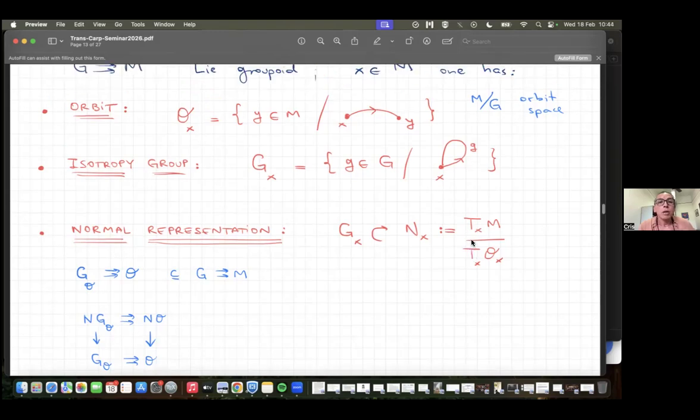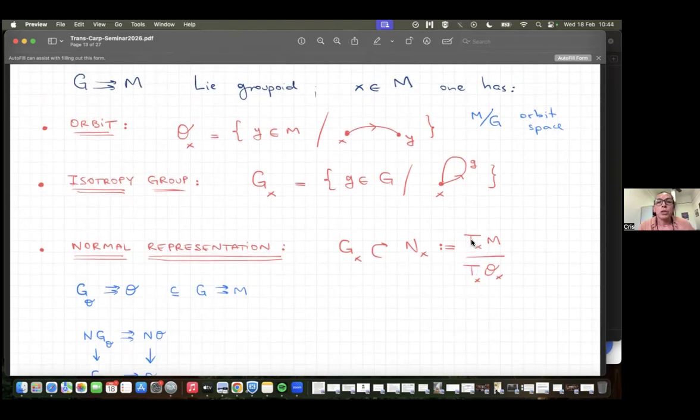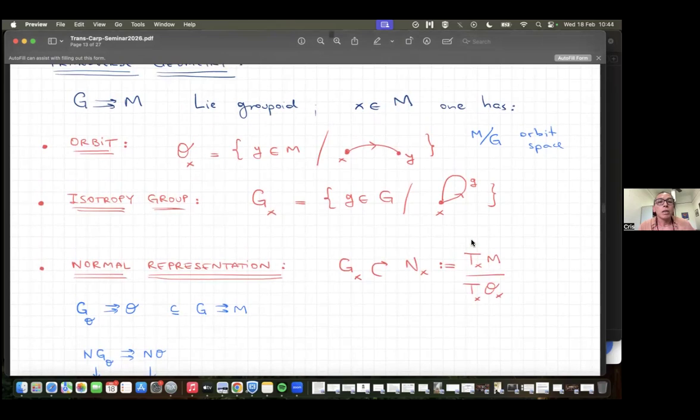So in summary, the transverse information encoded by a Lie groupoid is a topological space, the orbit space, a bunch of Lie groups, the isotropy Lie groups, and a bunch of representations, the normal representations.